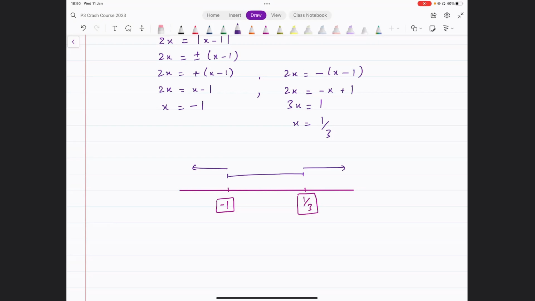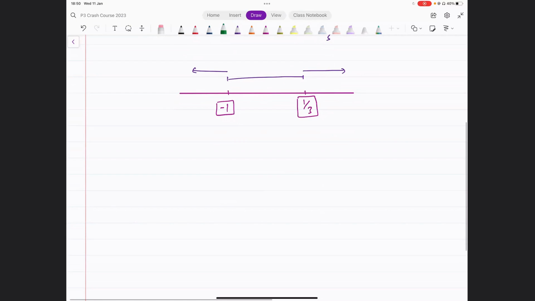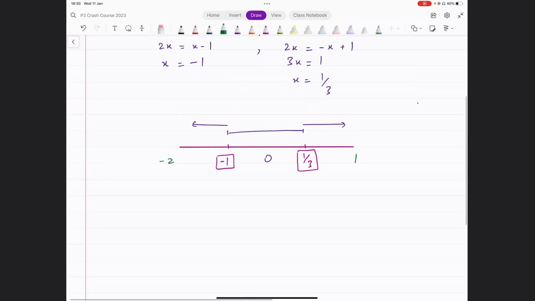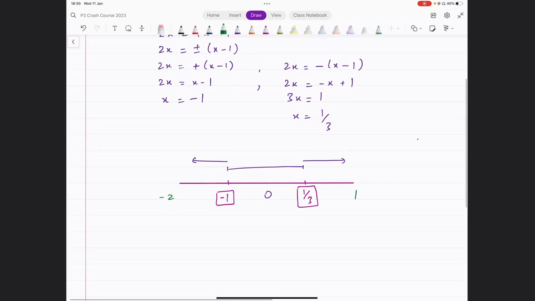Now, what could be a number less than minus 1? We could try minus 2. Any number between minus 1 and 1 over 3, an easy number to work with would be 0. And let's take a number on the right side. 1 over 3 is a bit awkward, so we could take 1, for instance. Okay, so we have taken one number in each of these 3 regions.